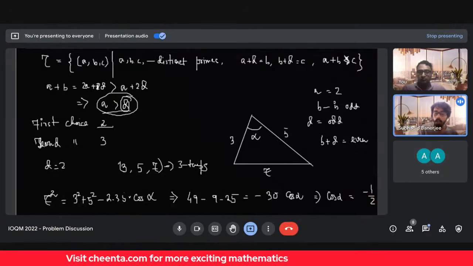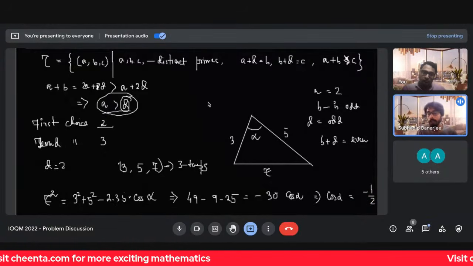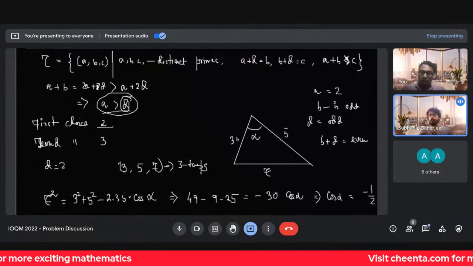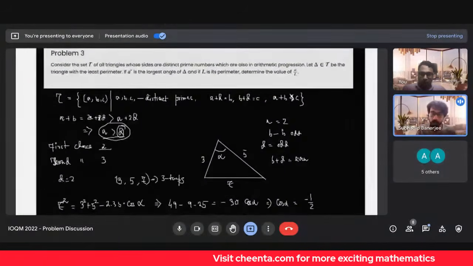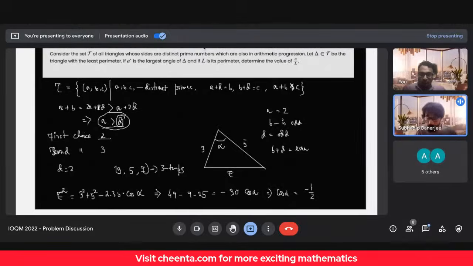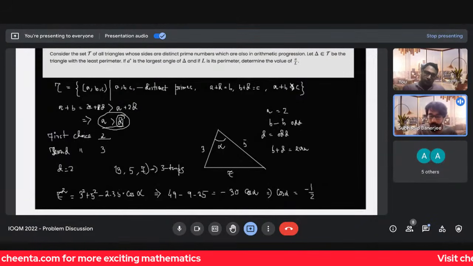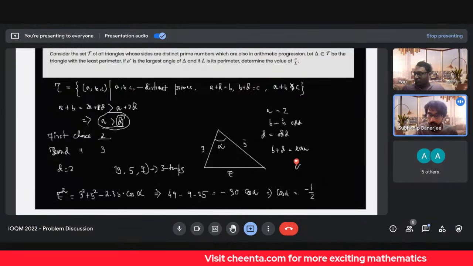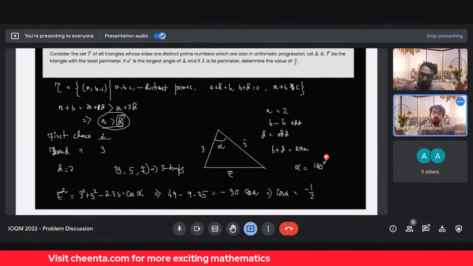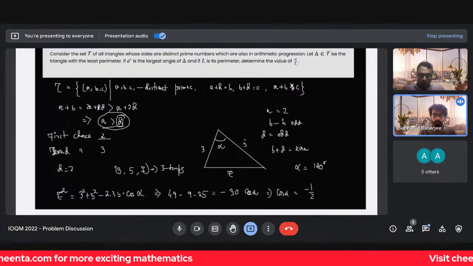Well, so if cos alpha is equal to minus half, and alpha should be from 0 to 180 degrees for obvious reason, because it is an angle of a triangle. So the cos of alpha is negative, and alpha is within 0 to 180 degrees. So we can have that alpha is equal to 120 degrees. So far, so good.